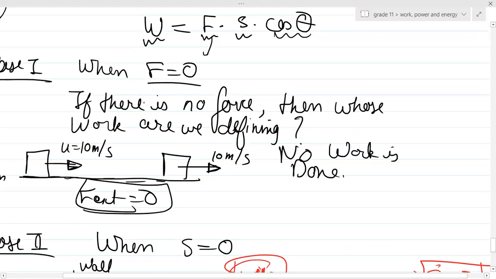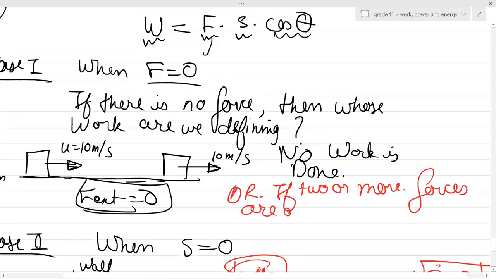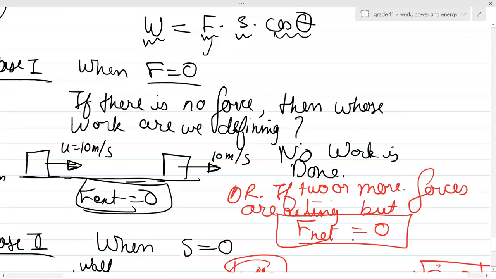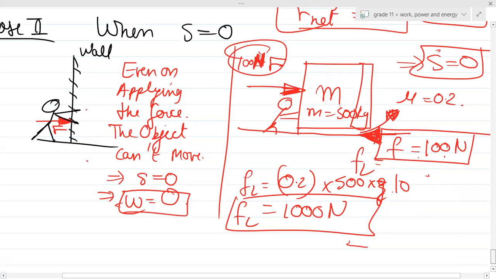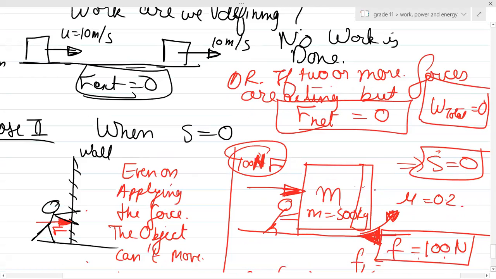If there is no force, or if two or more forces are acting but the net force becomes zero, then again the total work done will be zero. Here the displacement is not zero because you are not able to displace it.